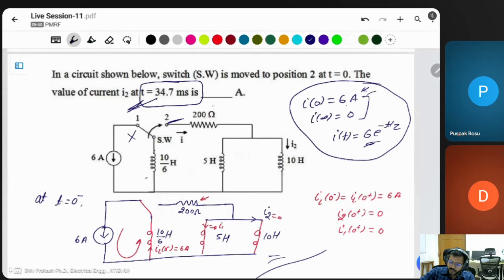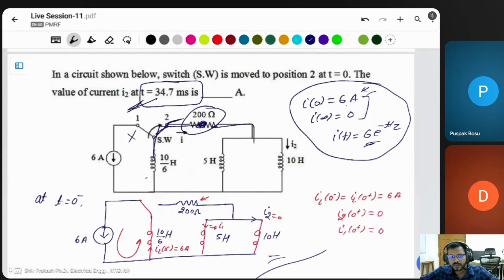For tau, we know there is only one resistor R. Then we have to find the equivalent inductor, where these two are connected in parallel and then in series. If there is confusion, you can draw the circuit for finding L equivalent.